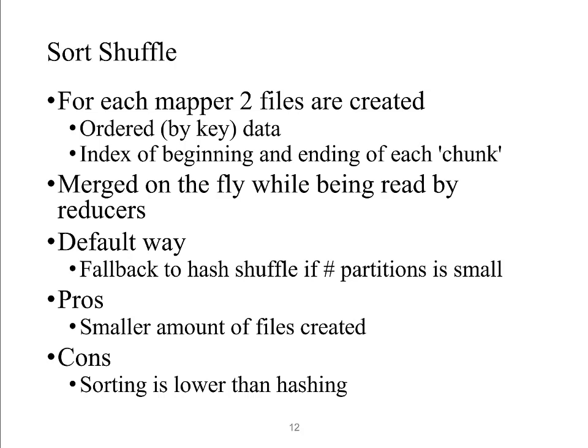Right. So for sort shuffle, for each mapper, two files are created. One is the ordered data, and another is the index of beginning and ending for each chunk. Here, for example, if we have the data ordered by key, let's say W1, W2.